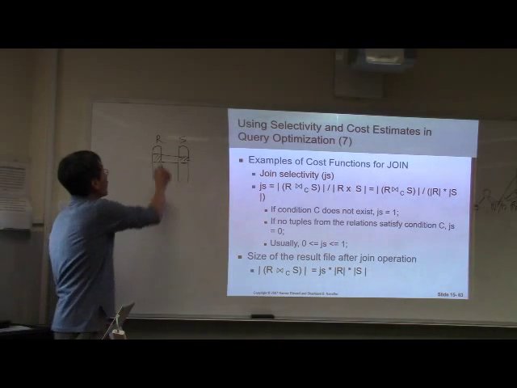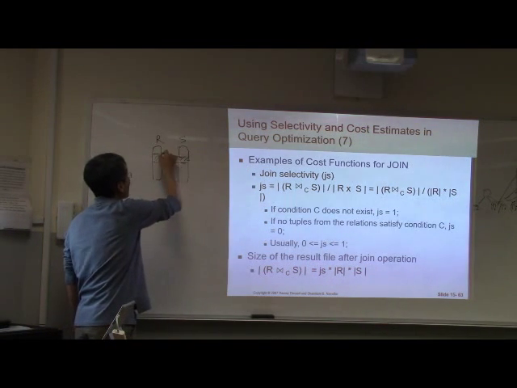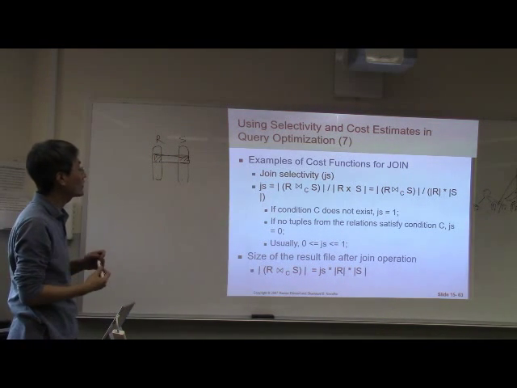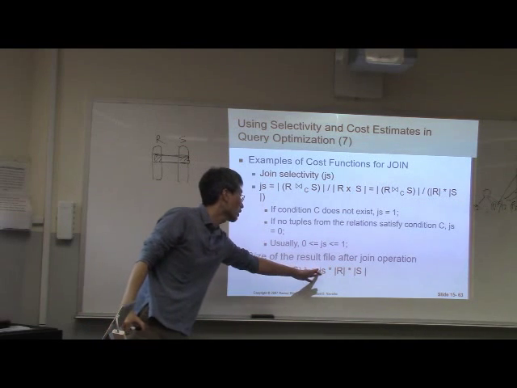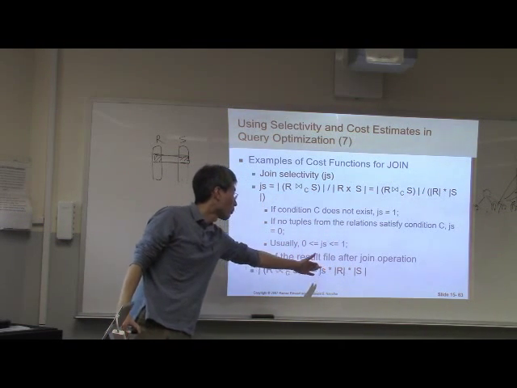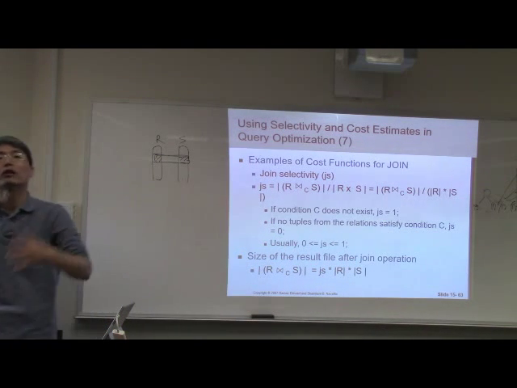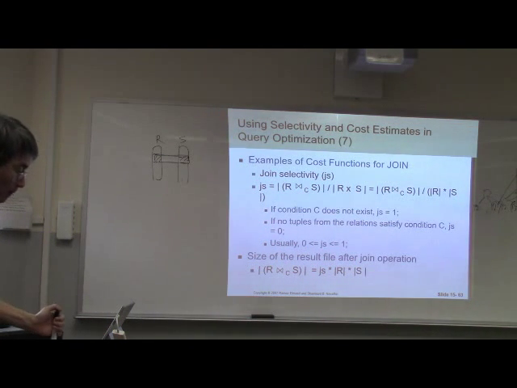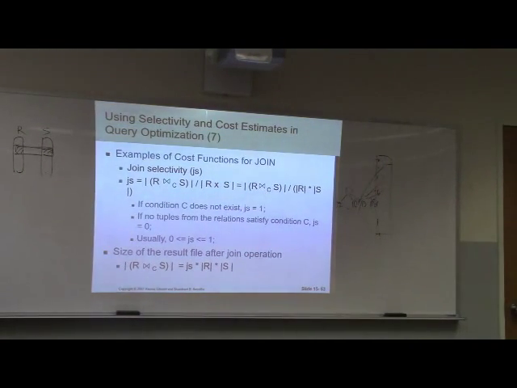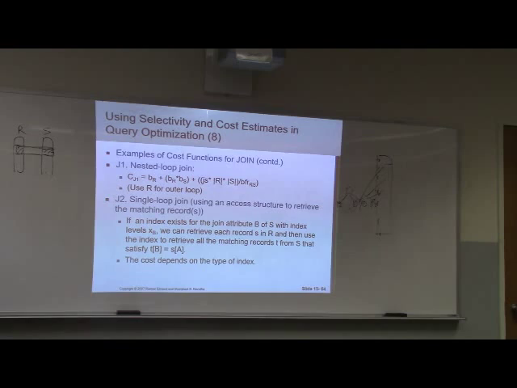So between the outer table and inner table, what percentage matched? That is the join selectivity. After the join operation, the number of tuples of R and S that are returned will be used for the calculation of the join operation.